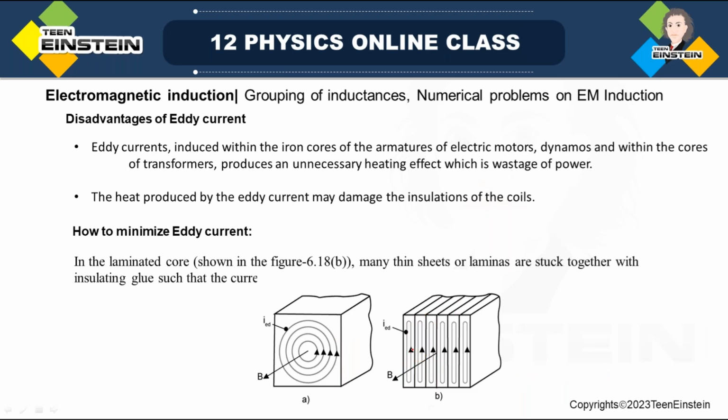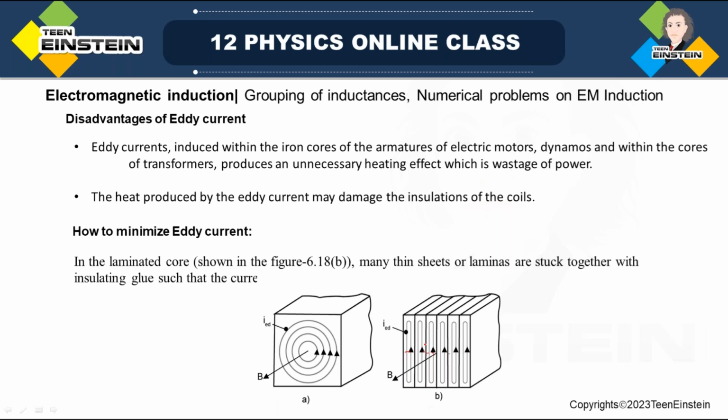So these two currents will cancel each other, and the other layers will do the same, and then it goes on. Here the heating effect is less, and there is no addition of current, in the sense there is no eddy current.